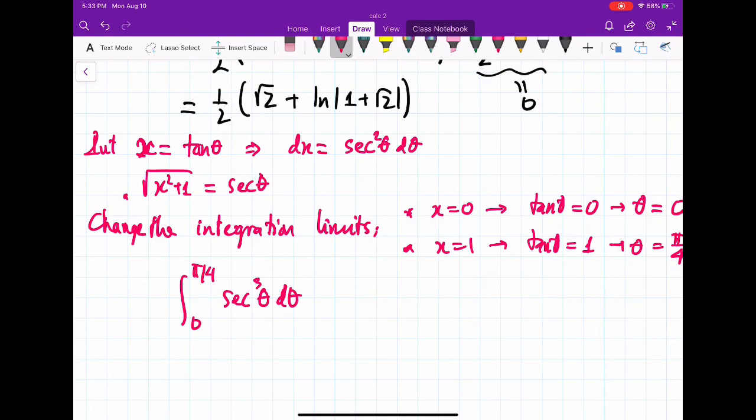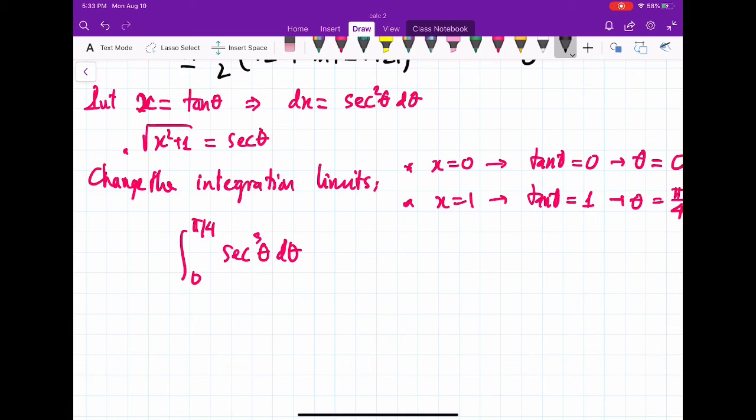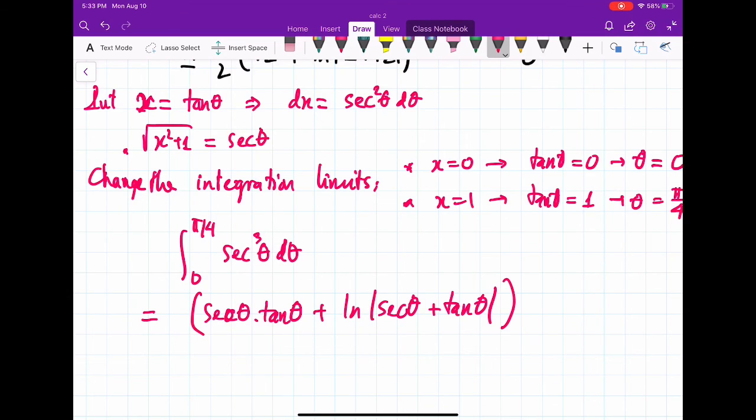You see that? Without looking back, I just write the answer right away. The antiderivative of secant cubed is secant theta tangent theta plus ln of secant theta plus tangent theta, and theta goes from 0 to pi over 4.